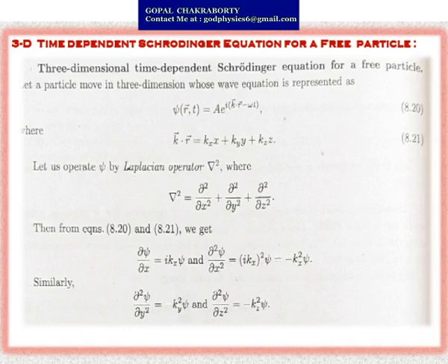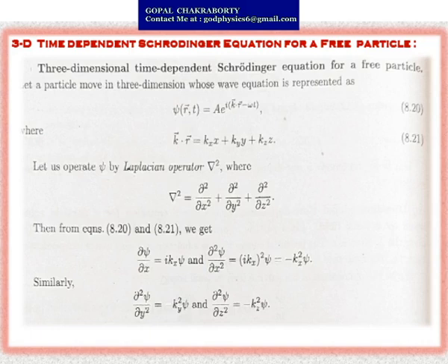Let us operate on psi with the Laplacian operator, grad square or del square, where del square is del 2 by del x2, del 2 by del y2, del 2 by del z2. For the wave function in equation 8.20, find the first order and second order derivatives with respect to x, y and z.